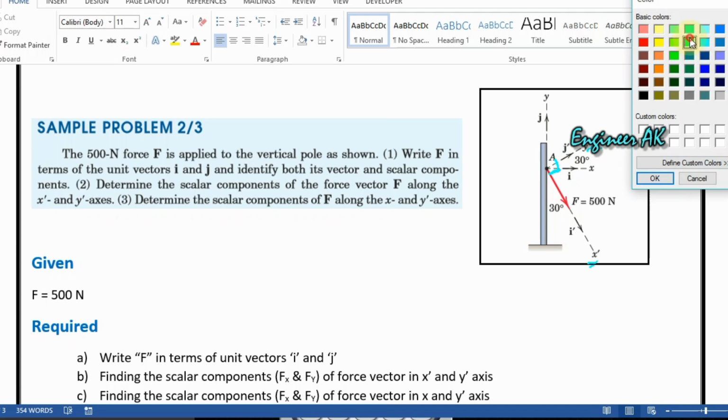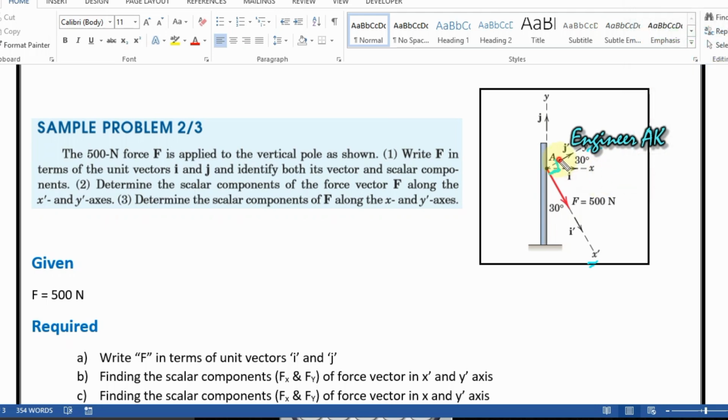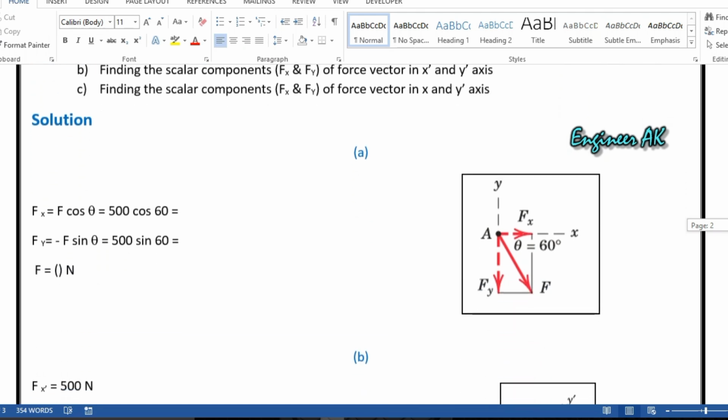Here it is given that this portion is 30 degrees, so if this is 30, this will be 60, and combined they form 90 degrees. If we move further, I have shown you how this angle comes out to be 60 degrees.